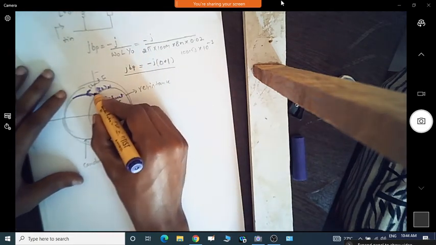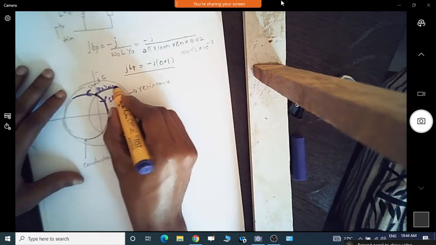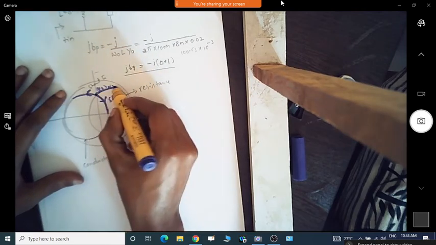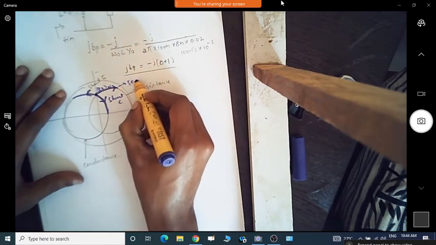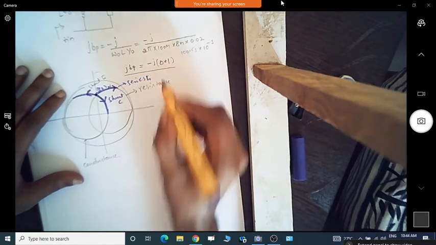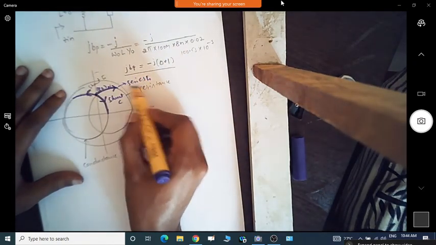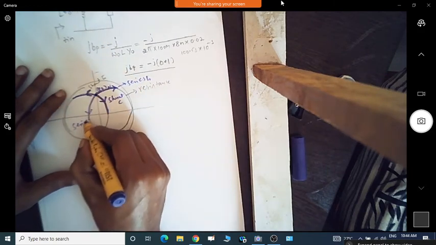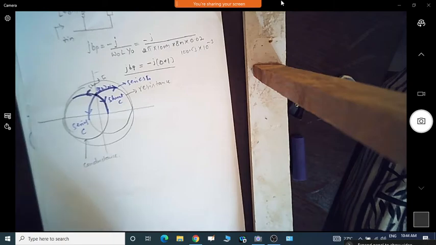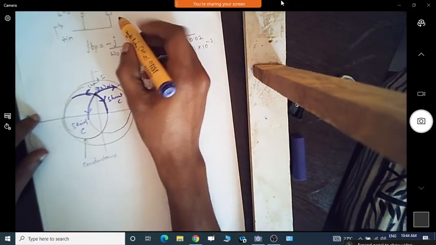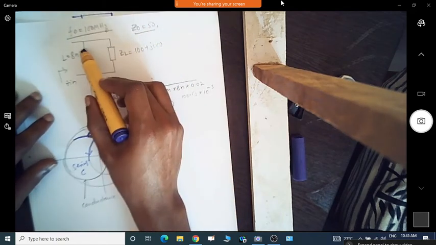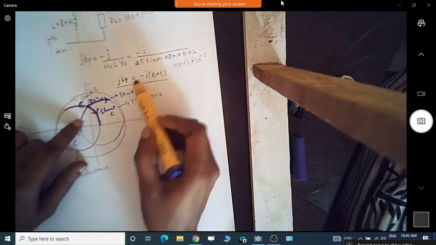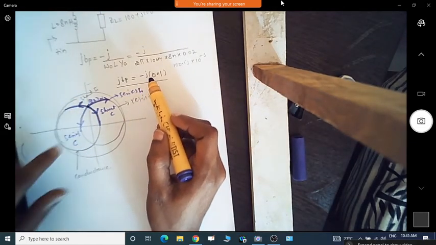Similarly, if we have the series L, on the resistance circle you have to move upwards for series L, and downwards for series C. So this is what you are going to do from a particular point, the load point. Based on the element which is connected, in order to add the reactance we have to move accordingly.